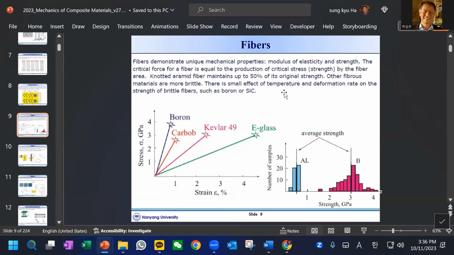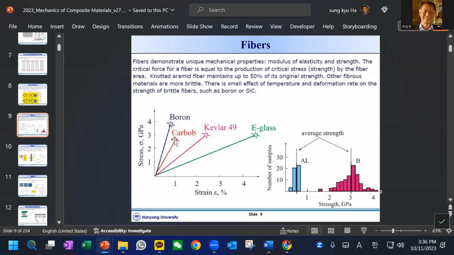And for the fibers, there could be many different types of fibers: carbon, boron, Kevlar, and e-glass. Usually the carbon is one of the best fibers. As you can see, stiffness is good and strength is good.